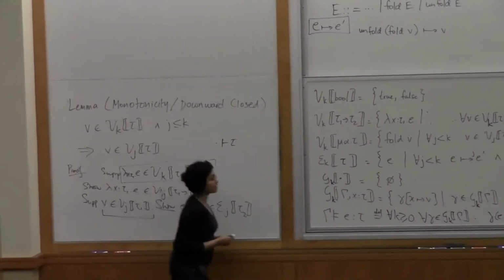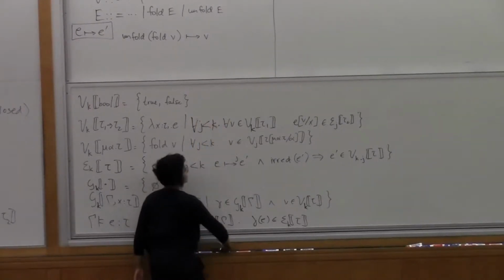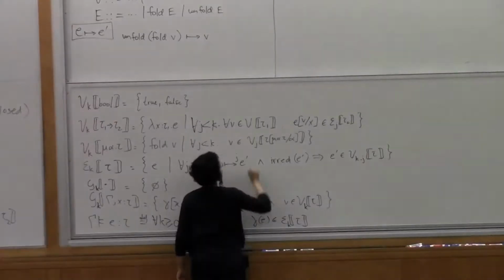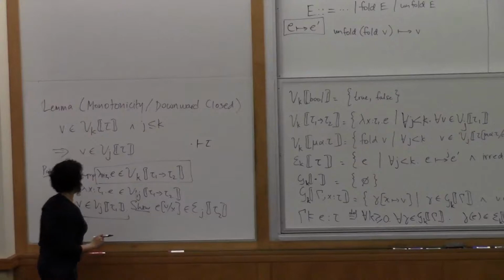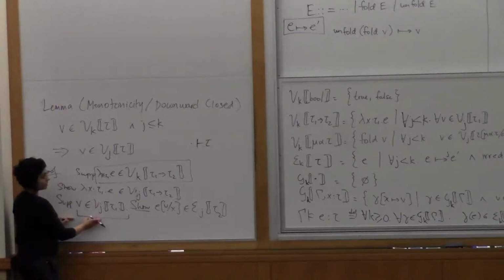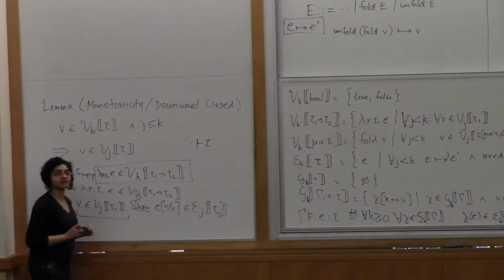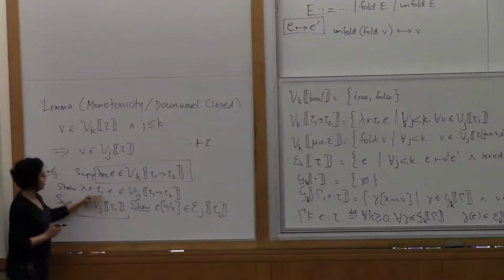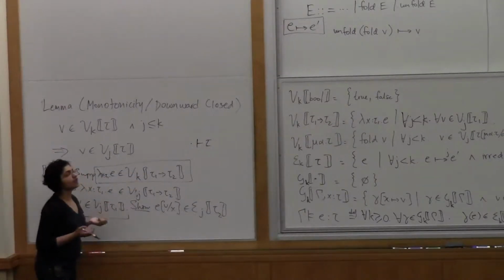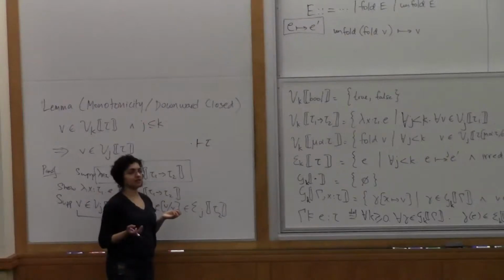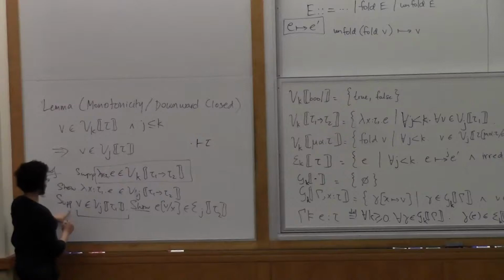So if we switch back to our other definition, let's try to do this again. We get to this point in the proof, and now we want to use the fact that our lambda term behaves like it has type tau 1 arrow tau 2 for k steps. Actually, no, I can't say suppose.